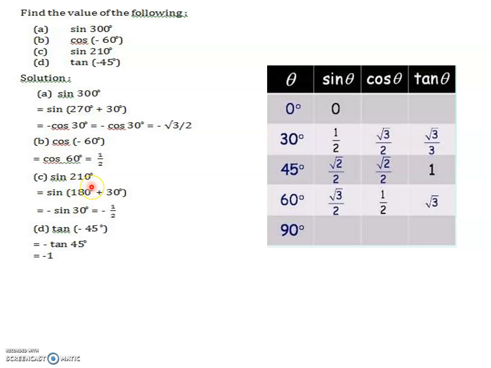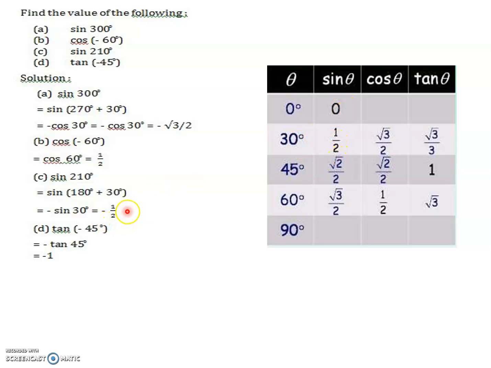Next, sin 210 is equal to sin of 180 plus 30. We know that sin of 180 plus theta is equal to minus sin theta. That's why it is minus. We look at the table: sin 30 is 1 by 2.